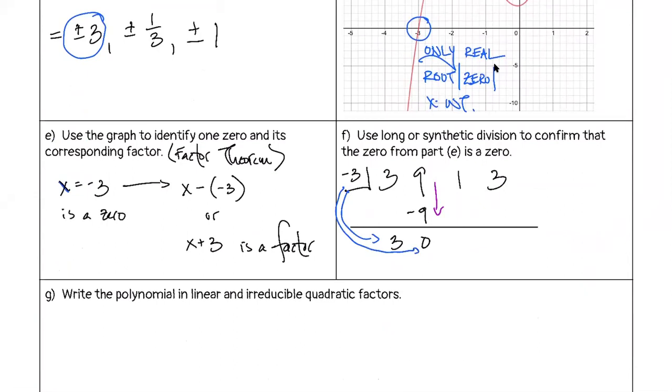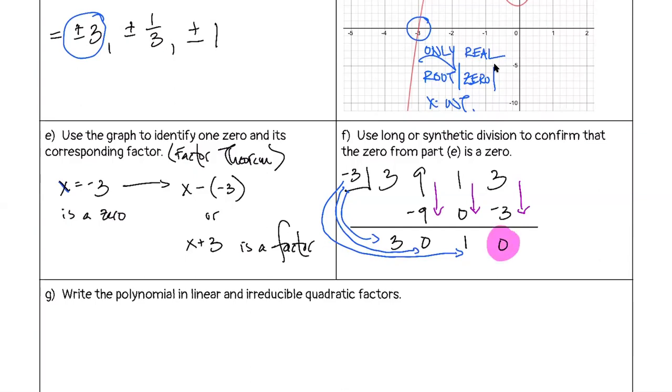So -3 times 0 is 0. Add 1 plus 0 is 1. And we've got one last box to fill, so we multiply. -3 times 1 is -3. And we add. And whew, thank goodness, we get a 0.